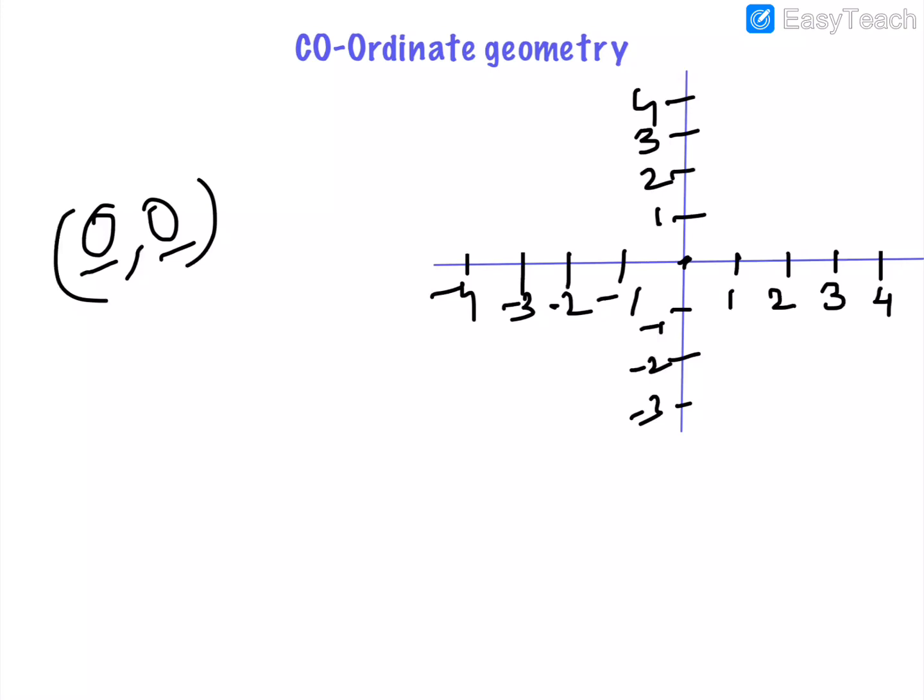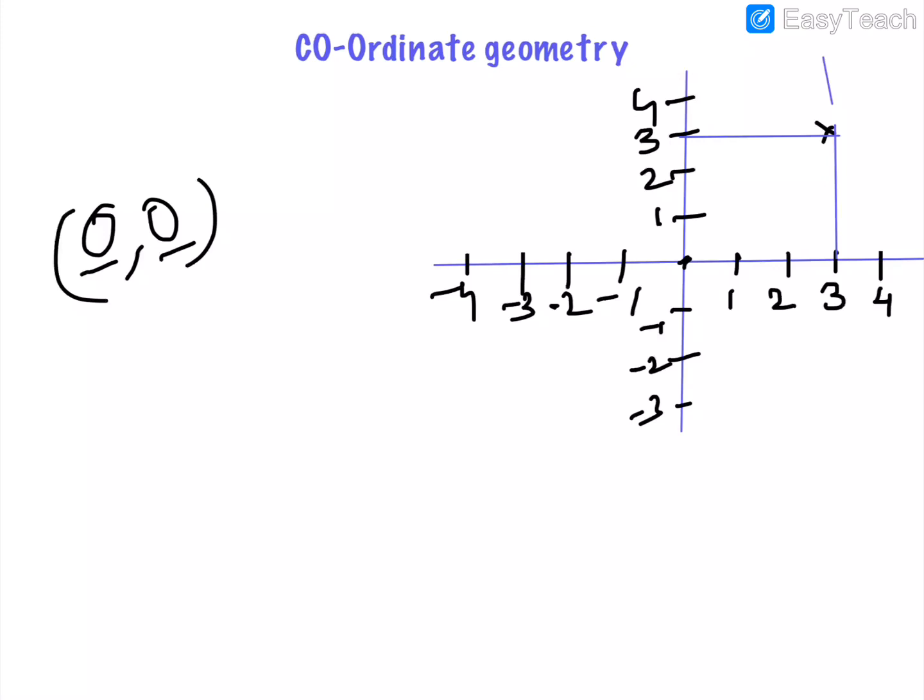And any point, if you take any point on this coordinate system, we will see which point it is coinciding with on the x-axis and which point it is coinciding with on the y-axis.